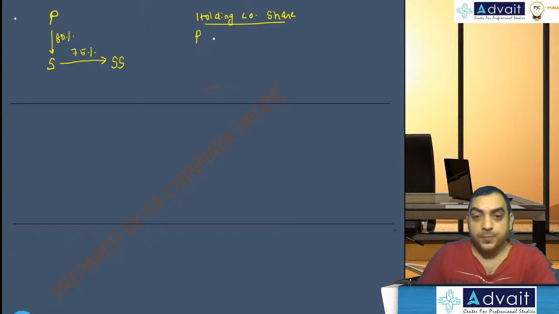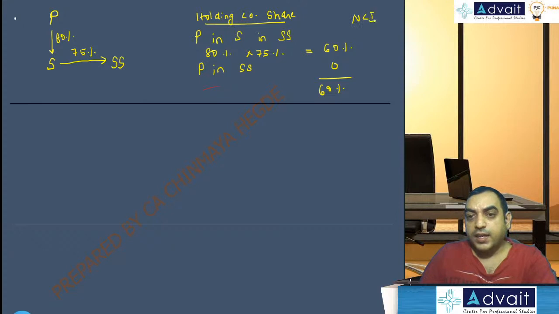That is P in S in SS, which is 80% multiplied by 75%, which comes to 60%. Then P directly in SS is not there, 0. So total 60%.